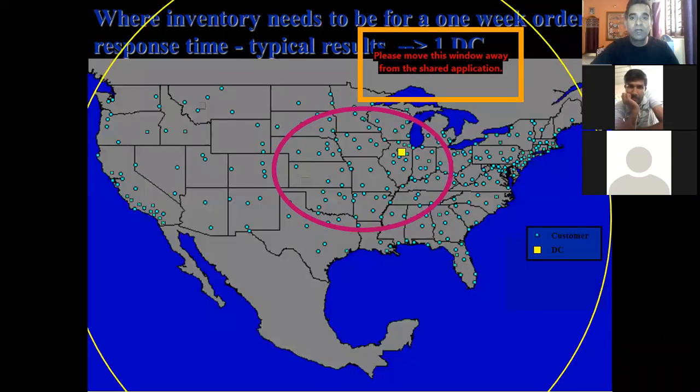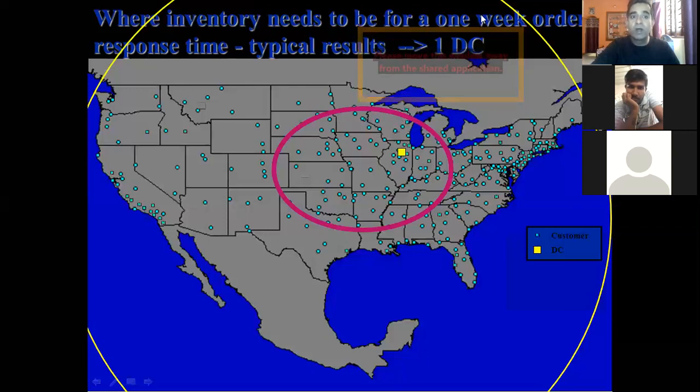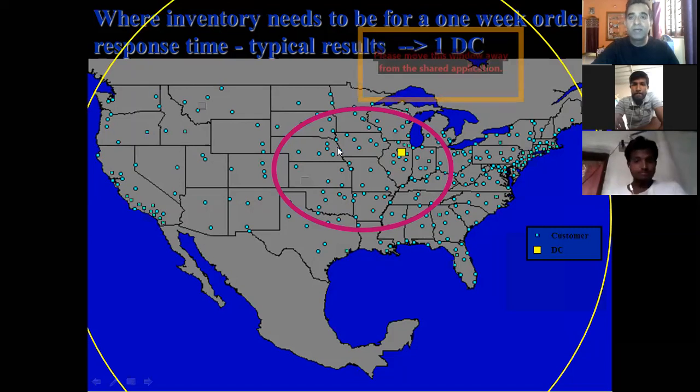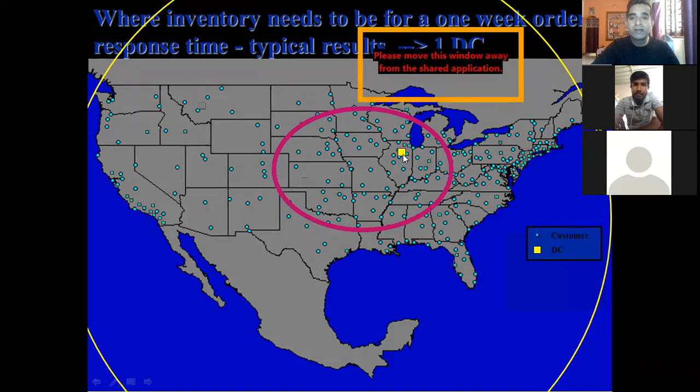Let us say for an online company. So how many facilities are required in America where inventory needs to be for a 1 week order response time? So if the order has to be delivered within 7 days, how many warehouses the company should have in North America? So what you can see here is just with one distribution center.